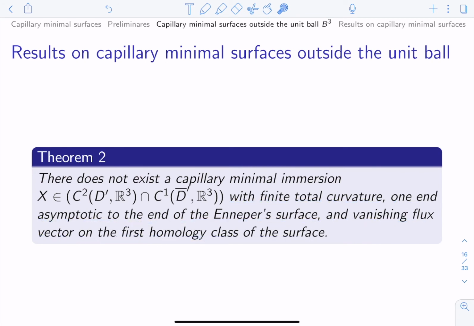So it basically states that if the flux vector on the first homology class of the surface vanishes, then there is no such surface outside the unit ball whose end is asymptotic to the end of the Enneper surface.